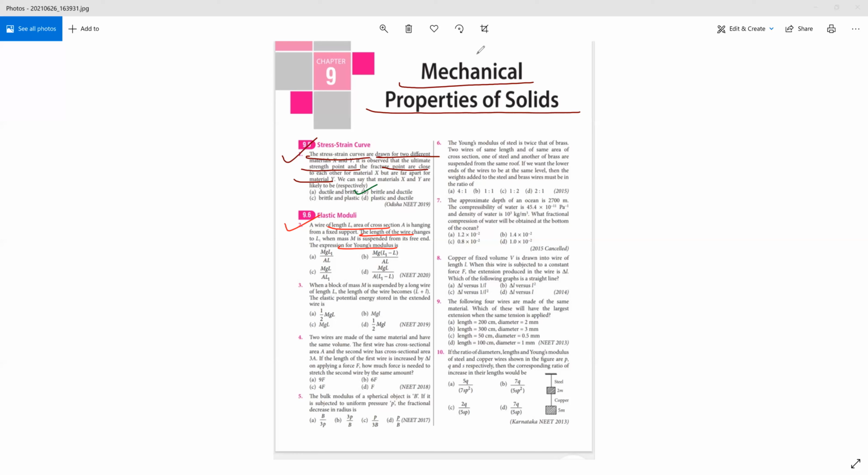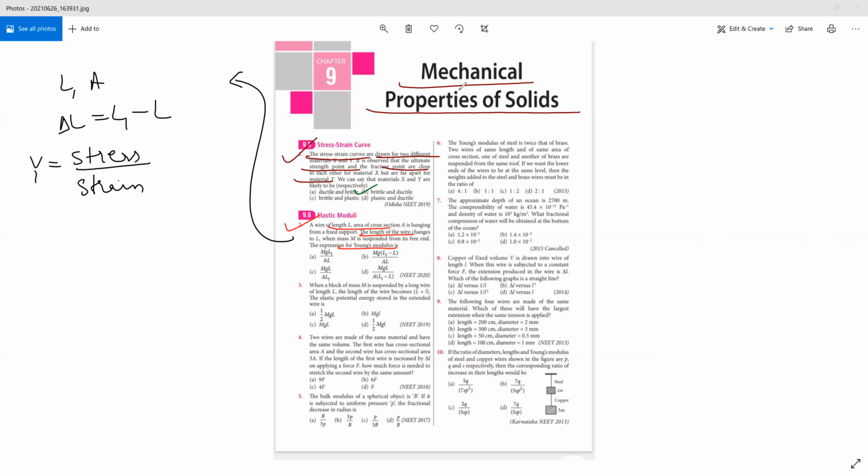So as we know, initial length, let us consider L, and area of cross section A. New length after mass M is suspended on the wire, that is L1, and change in length is given by delta L is equal to L1 minus L, and we know Young's modulus is given by stress divided by strain.